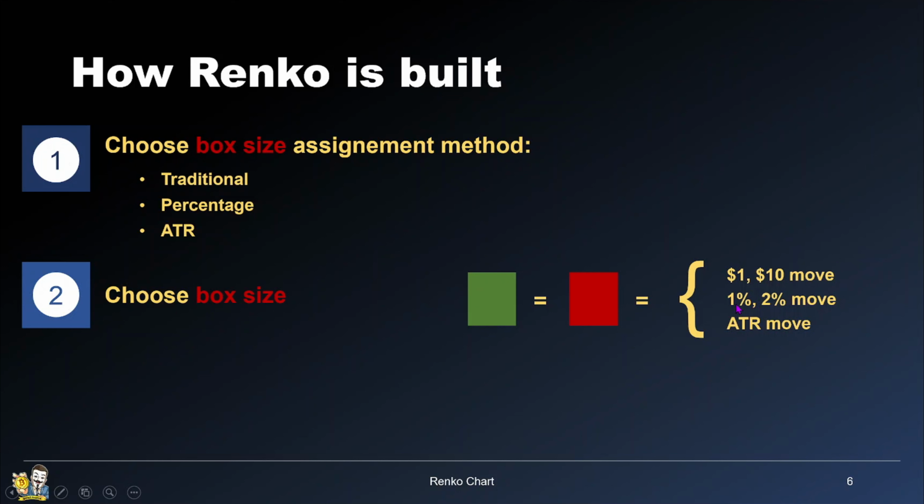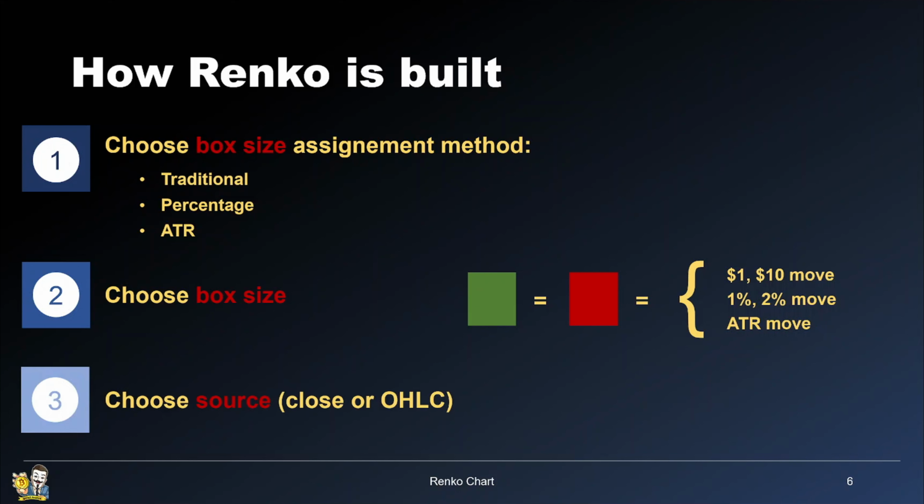If we have chosen the percentage method, we have to choose a percentage movement for the size of the box. And, if we have chosen the last method that corresponds to the ATR, the size of the box will be based on the volatility. Finally, the user of the Renko chart has to choose the source of the price, that is, the closing or OHLC, which corresponds to the average between the opening, the high, the low, and the close.